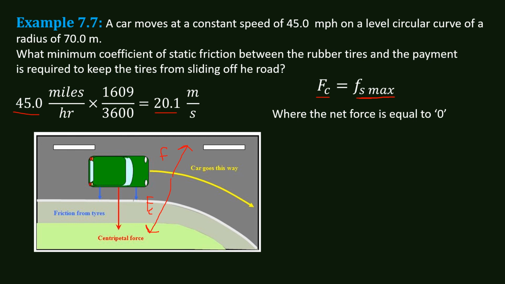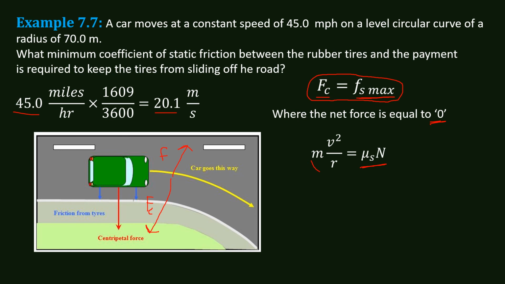So this equation tells us that the net force has to be 0. This is centripetal force, and this is the friction. They must be equal.